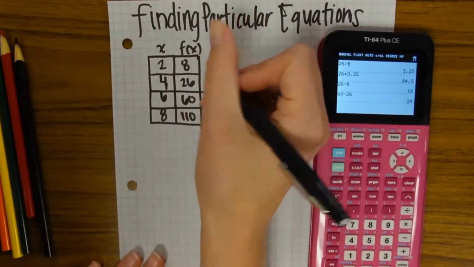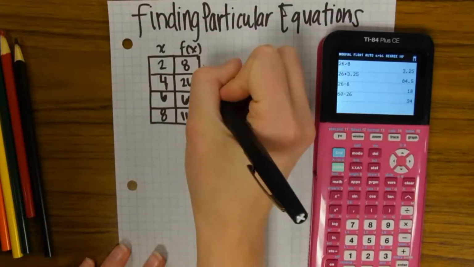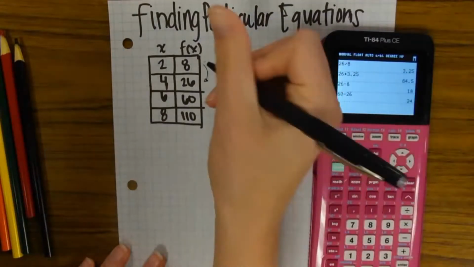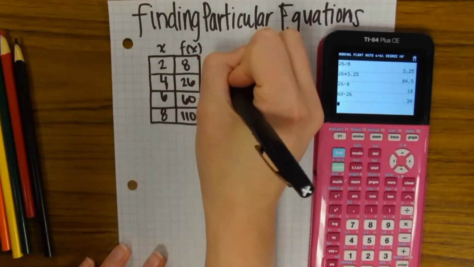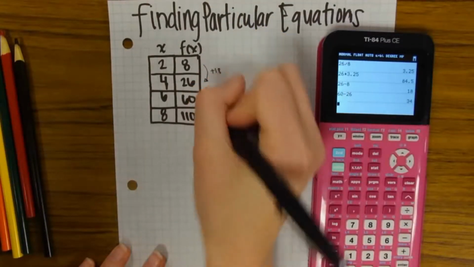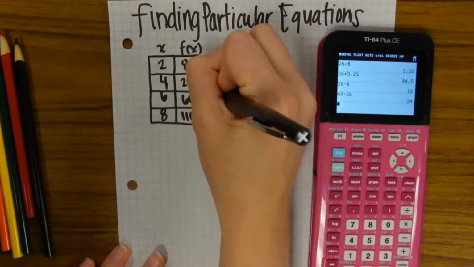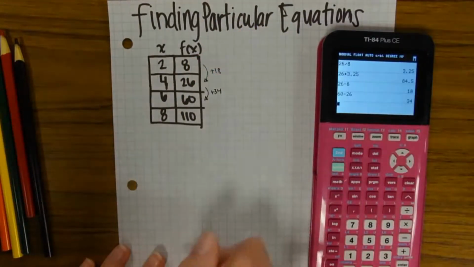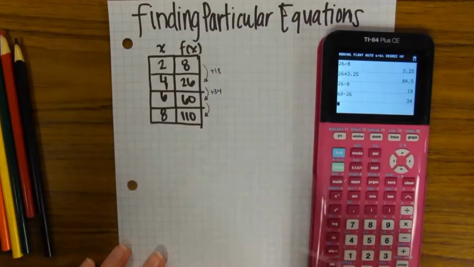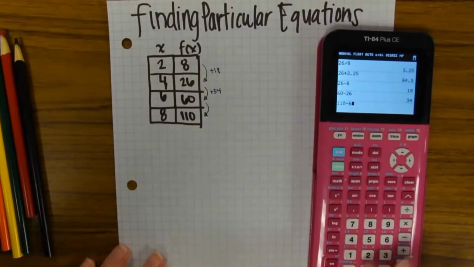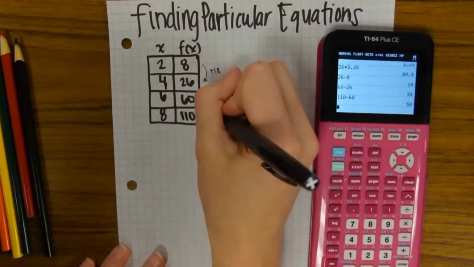So second difference, from here to here, we just checked, and that's an add 18. From here to here, that's an add 34. And from here to here, 110 minus 60 is an add 50.